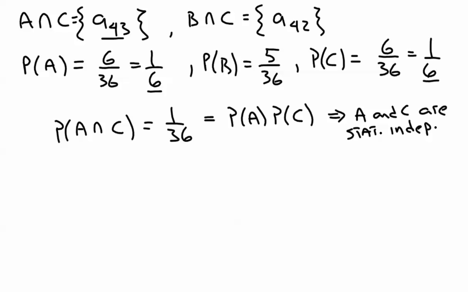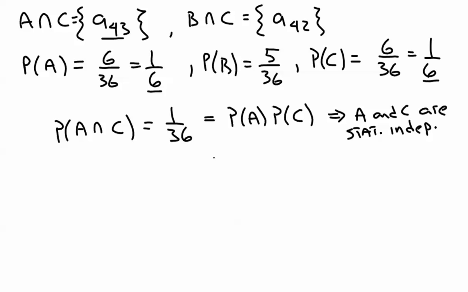Say that again. They're statistically independent because a sum of 7 total spots up is possible for any value of spots up on the first die. Event A is the event that 7 total spots are up. Event C is the event that there are 4 spots up on die 1.